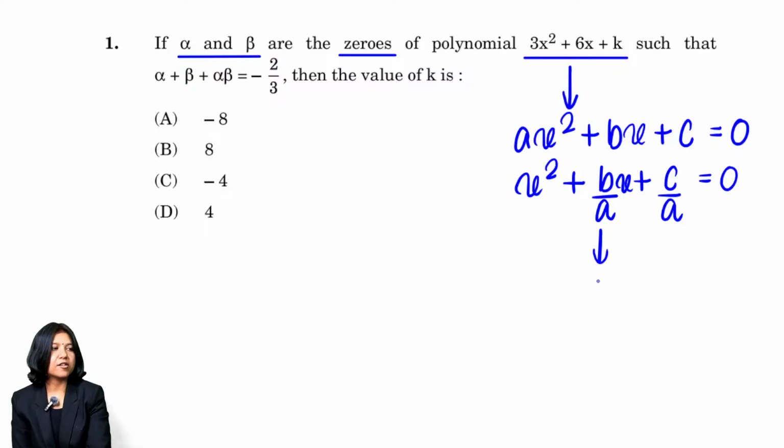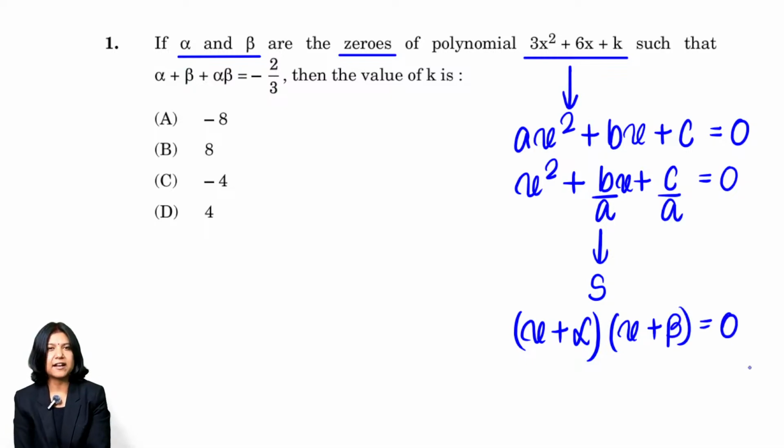So this here represents the sum. And note one thing: if you have a quadratic with factors x plus alpha and x plus beta, then to make the polynomial 0, you will plug in the value of x as minus alpha and minus beta.